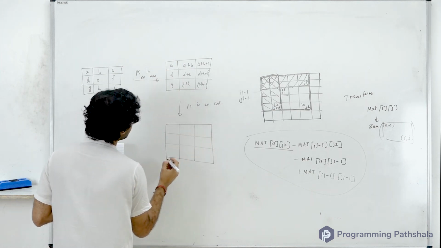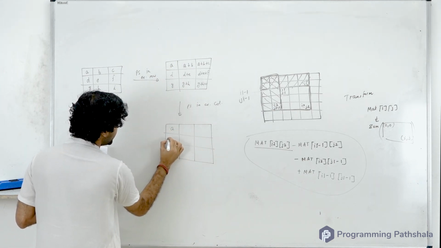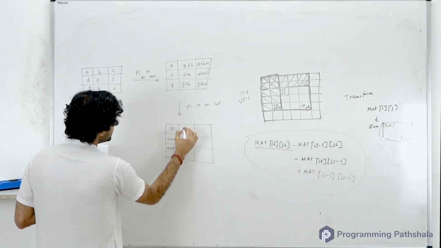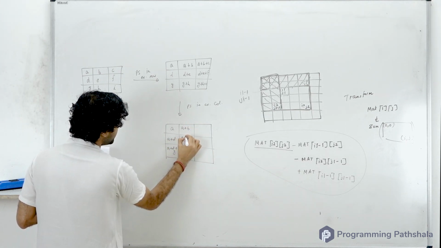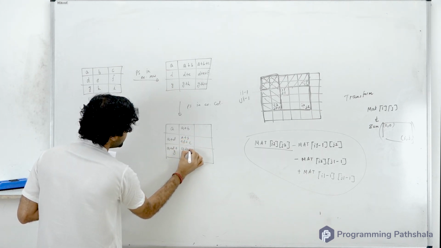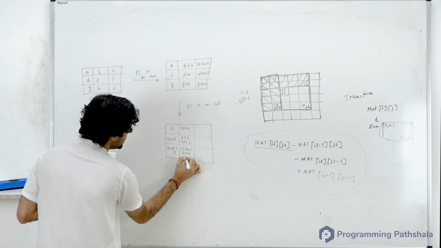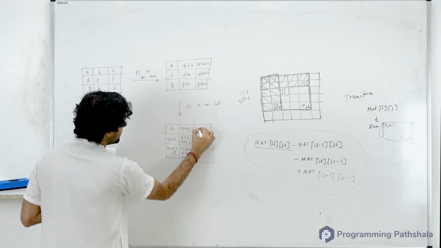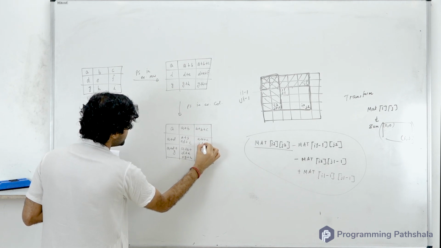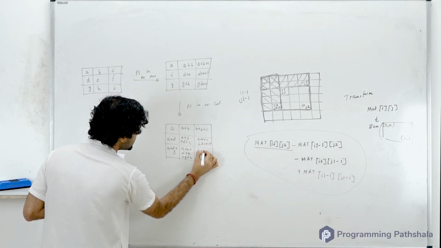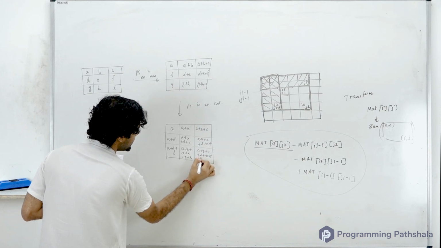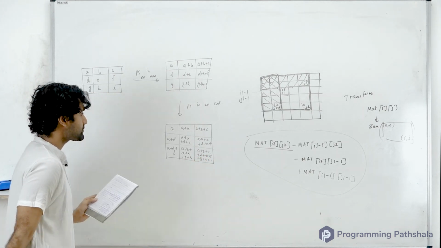So if you do prefix sum in every column, this will be A, this will be A plus D, this will be A plus D plus G, this will be A plus B, A plus B plus D plus E, A plus B plus D plus E plus G plus H, and this is A plus B plus C, A plus B plus C plus D plus E plus F, and this is A plus B plus C plus D plus E plus F plus G, H and I.